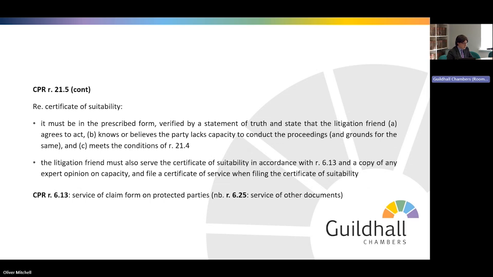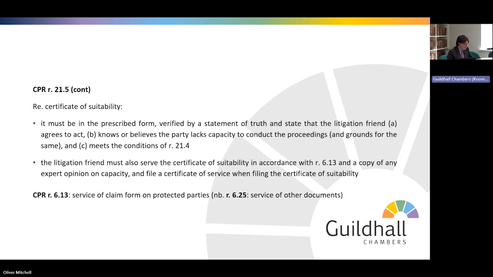The certificate of suitability referred to on the previous slide must be in the prescribed form N235, verified by a statement of truth, and state that, firstly, the proposed litigation friend agrees to act.